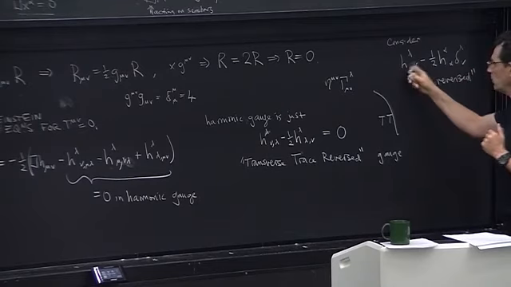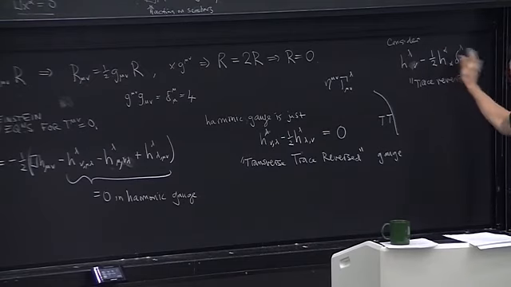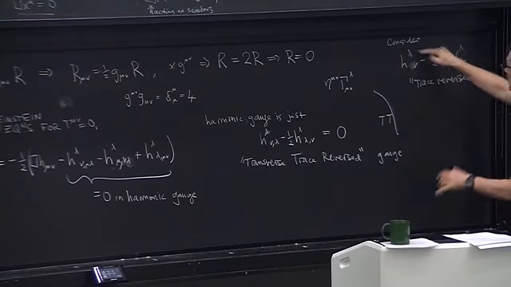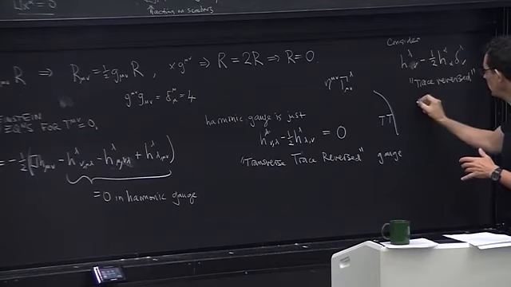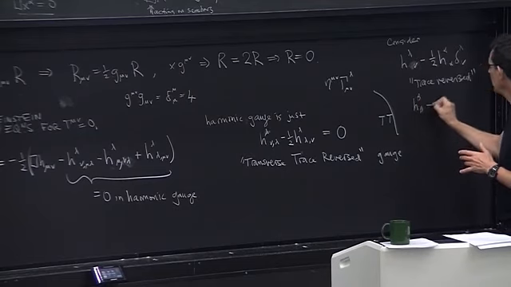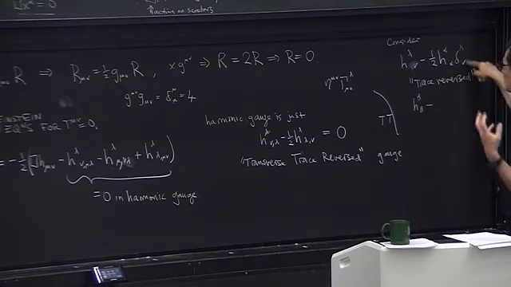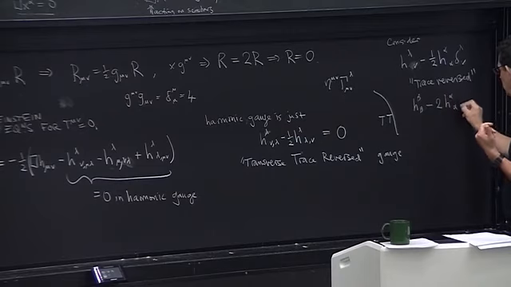Can anyone tell me why this is called a trace reversed version of h? Because if I take the trace of this, it means contract the upper and the lower indices. I'm going to get h beta beta minus, and here I contract lambda with nu, I get a factor of 4, because the trace of the identity matrix is 4, so I get minus 2 h alpha alpha, and so that is equal to minus h alpha alpha.